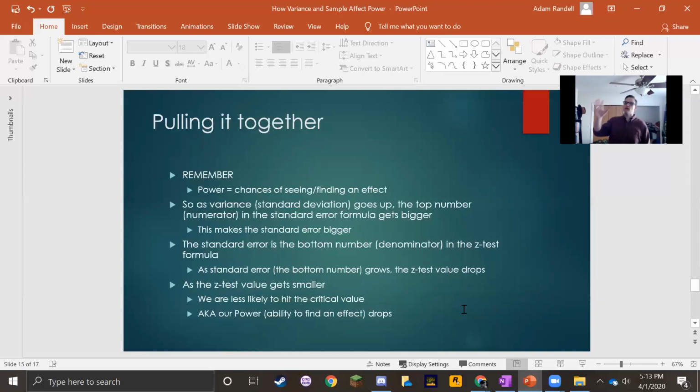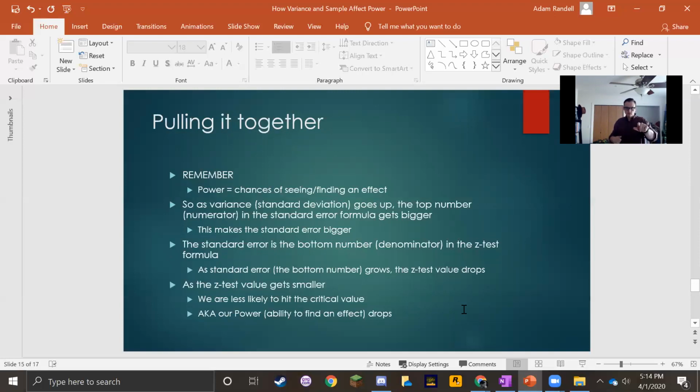So now let's pull that all together. All right. So again, remember, power is the chances of finding or seeing an effect, right? So as variance, the top piece, the standard deviation, goes up, the top number, the numerator, is getting bigger, meaning the quotient, the standard error, is getting bigger.